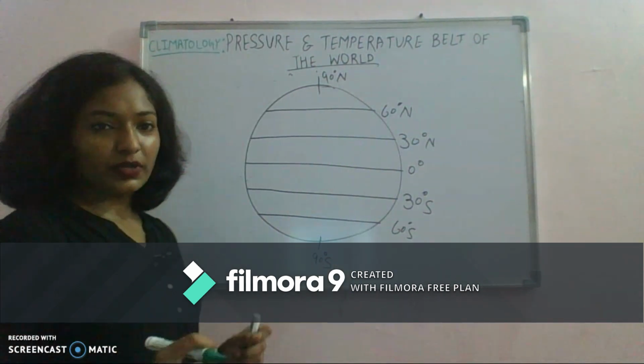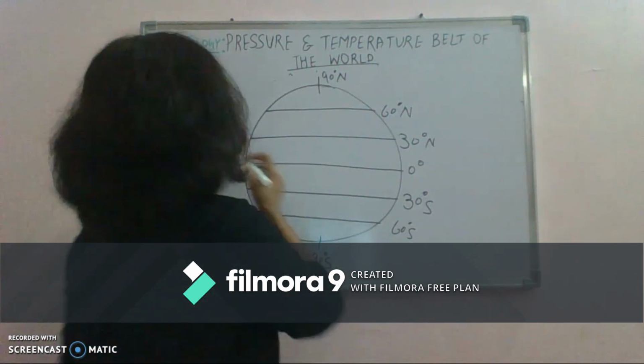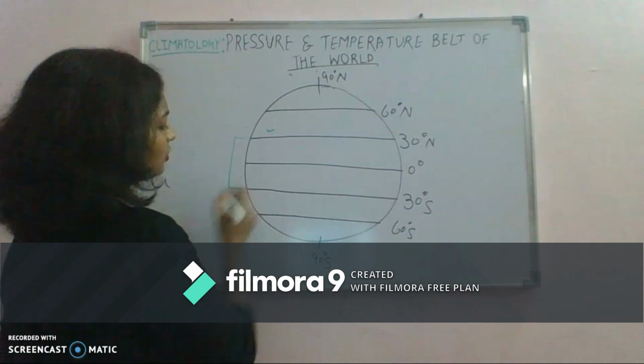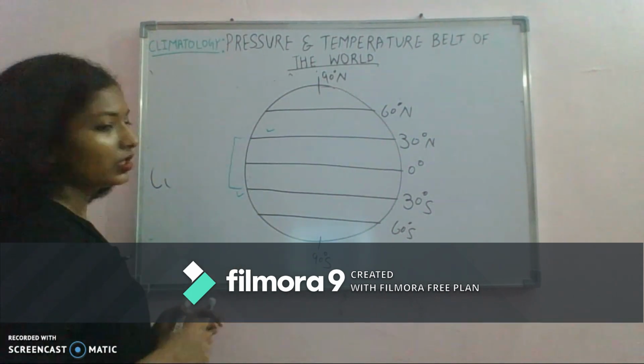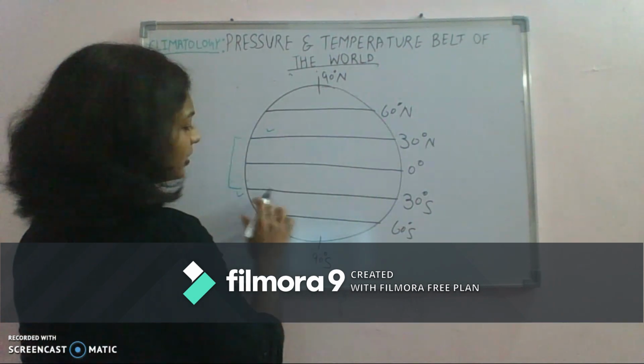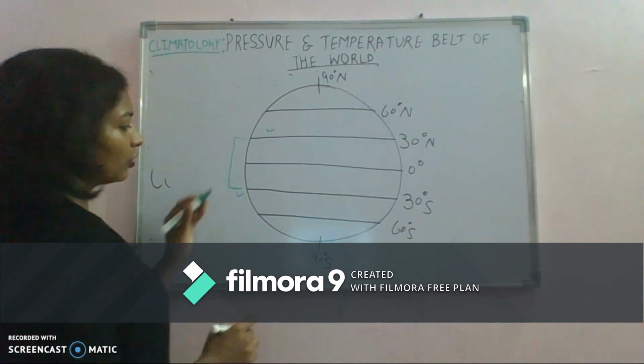Since we are starting from the beginning, we should know that the sun moves from the Tropic of Cancer to the Tropic of Capricorn in a whole year. Here it is the Tropic of Cancer and here the Tropic of Capricorn.